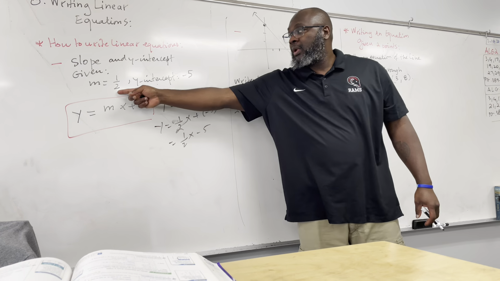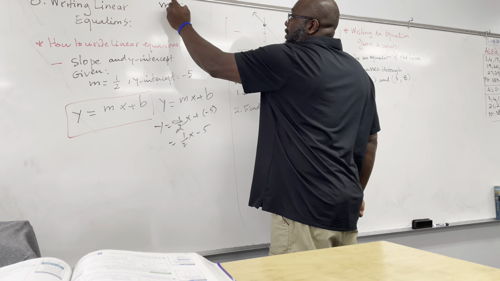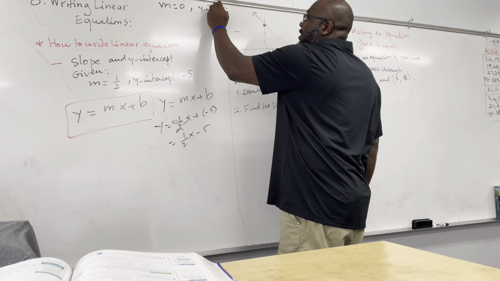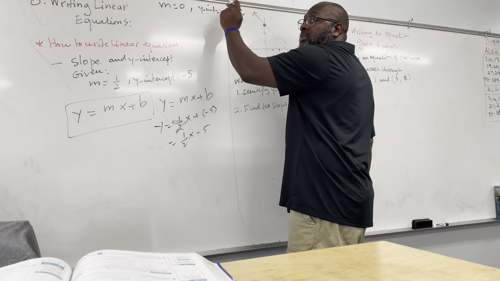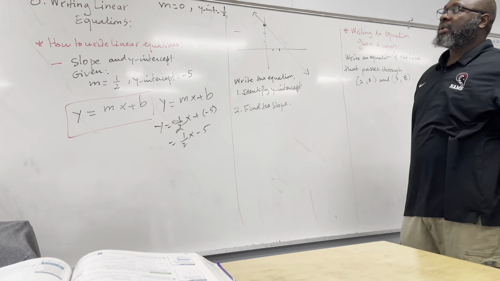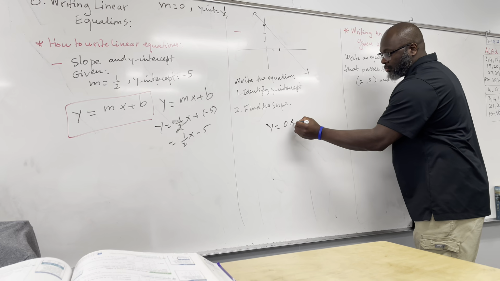I gave you the slope, I gave you the y-intercept, I want you to write the equation. You just have to write it down, right? Replace them. So let's say the slope is 0 and the y-intercept is 1/2. How would you write that equation? 0x plus 1/2.